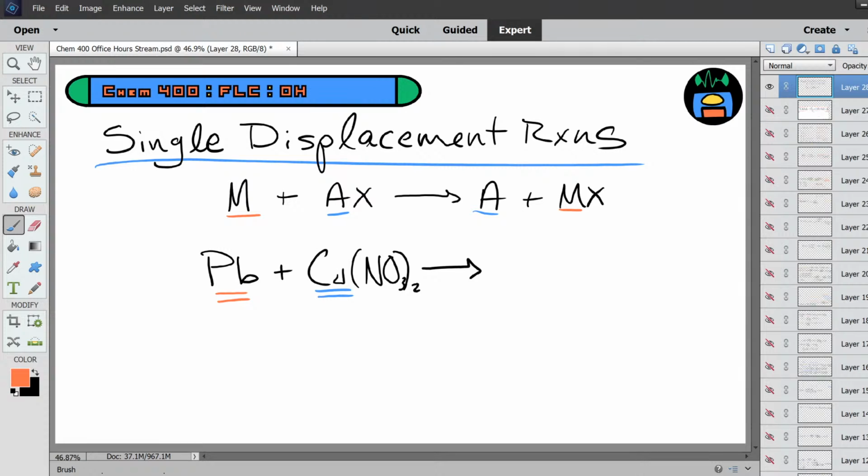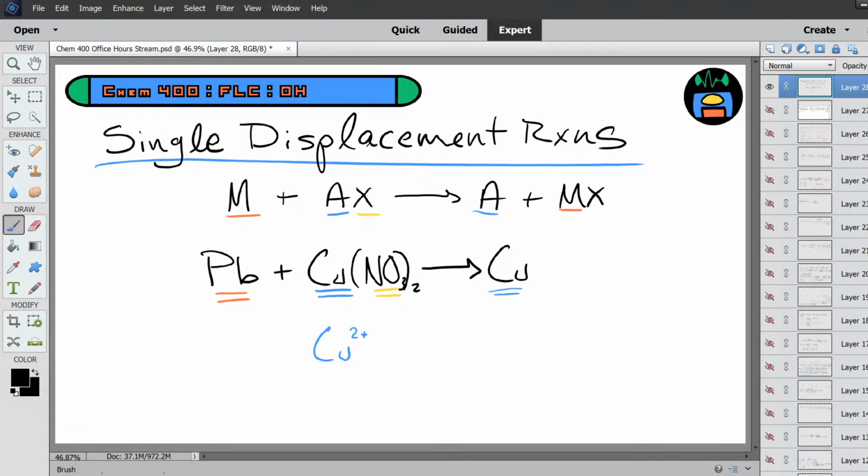X, just for completeness, is NO3. A goes from being in an ionic compound to being a solitary solid. So copper 2, a cation with a charge of positive 2, becomes just copper metal.